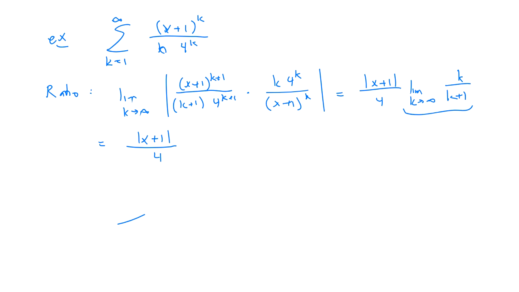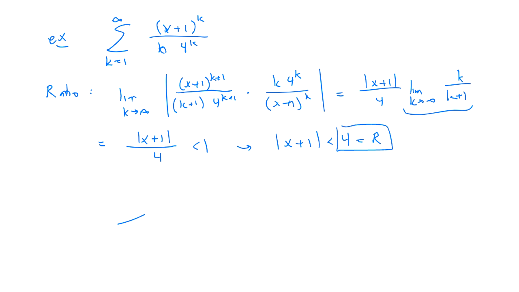What do I need that to be less than for this to converge? And 1 again, kind of the same answer. So what is the radius of convergence? Yep. Because remember, I'm going to try not to write too much because I want to keep everything on the same page.